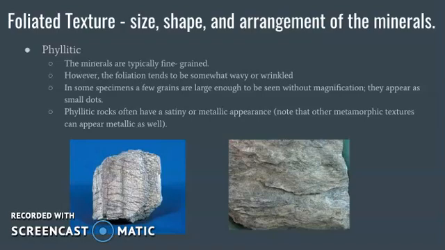Phyllitic metamorphic rocks have a satin or metallic appearance, but note that this satin or metallic appearance is not only in phyllitic and can be seen in other textures. So in the images below, you can see that they are very fine-grained and the foliations are somewhat wavy, as well as the metallic appearance in the image on the left, but the image on the right lacks the metallic appearance.